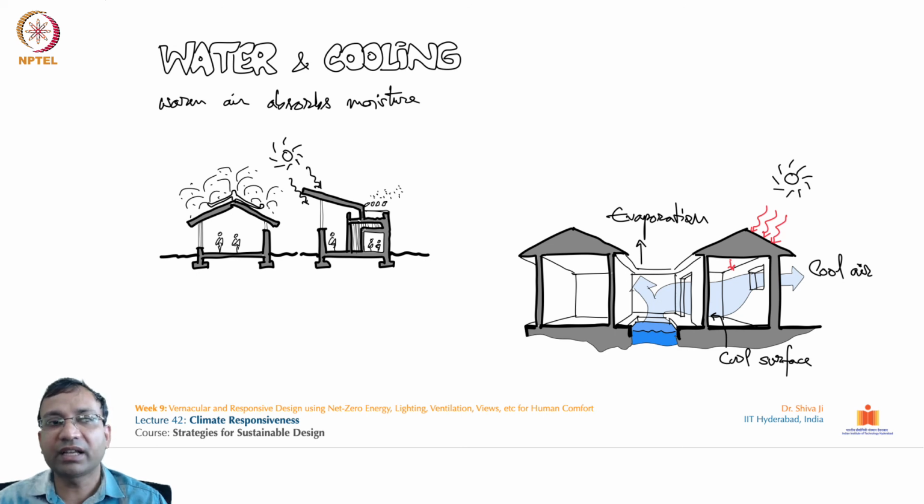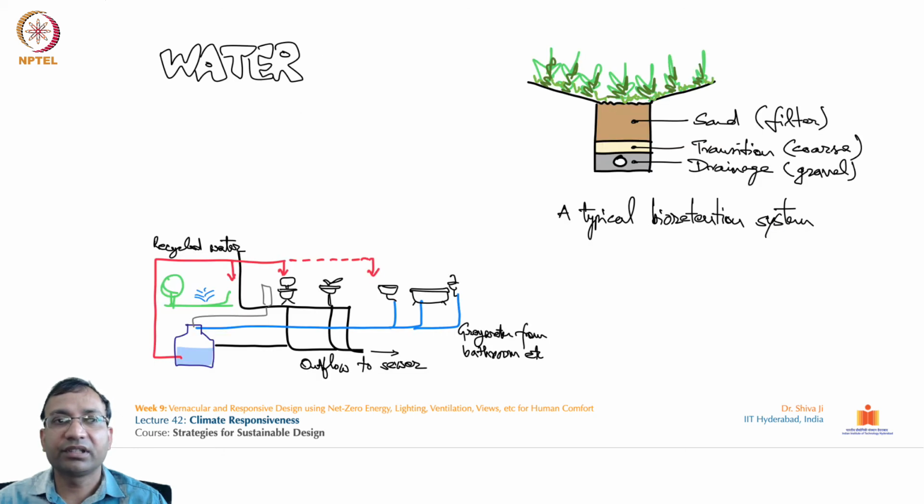These techniques are utilized in a number of places in the world, where they have achieved maximized efficiency just by using natural means. So this is where this climate responsiveness philosophy, this strategy comes to the rescue. Even water: how water columns, water walls, and such other things can be utilized.